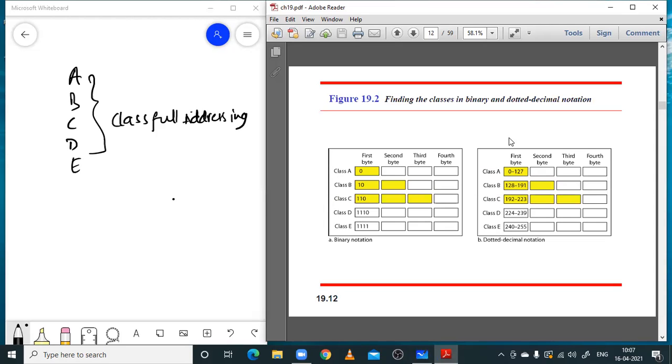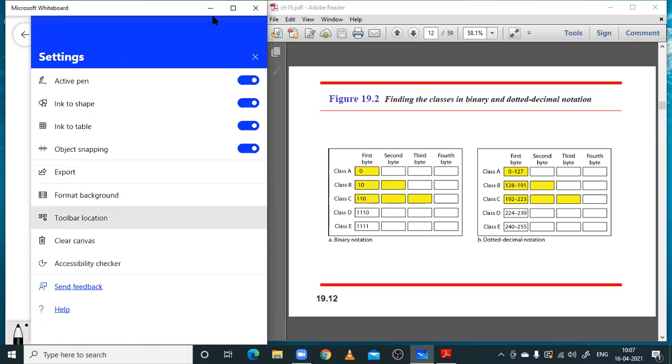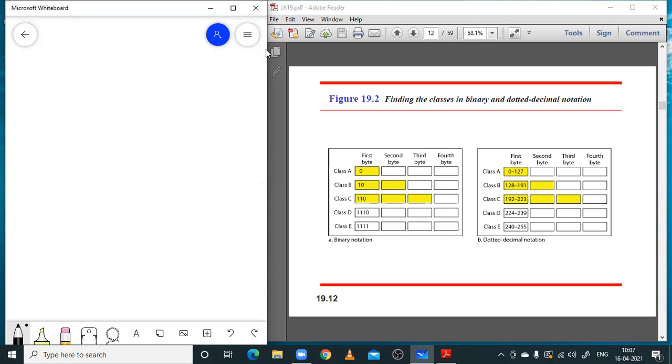So you observe here in this diagram, in this picture of the PDF. Whenever we consider, as I explained in the lab session, one bit out of an octet, that is 1, 2, 3, 4, 5, 6, 7, 8, if I consider one bit, how many divisions can be made?